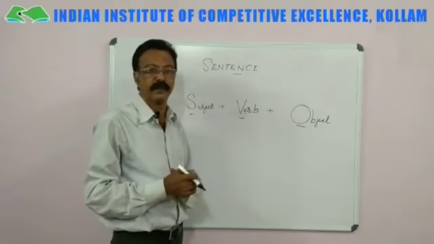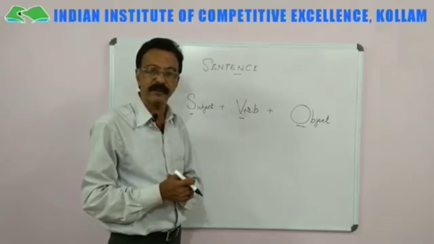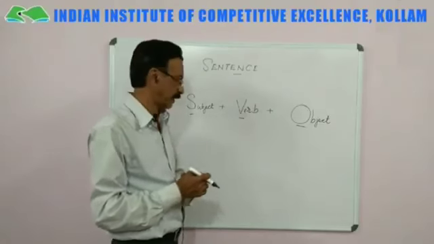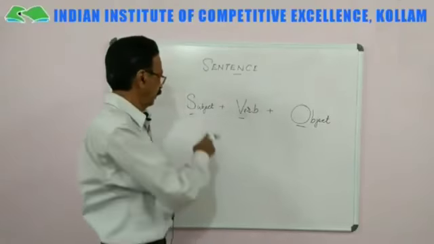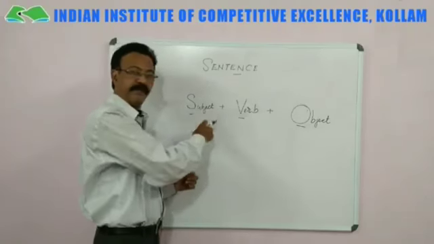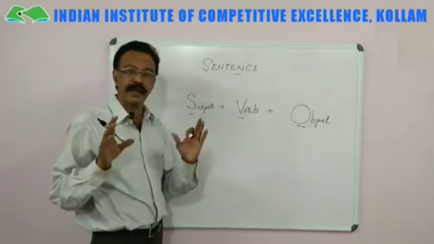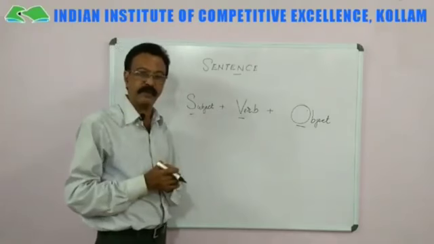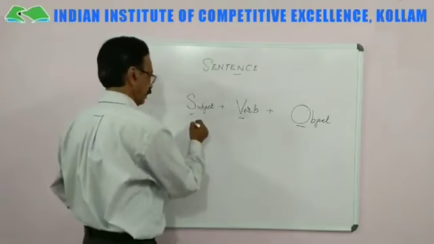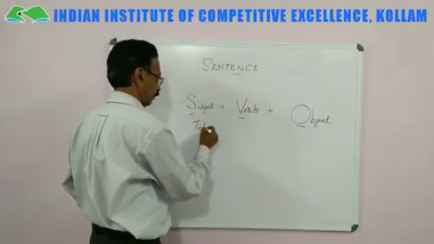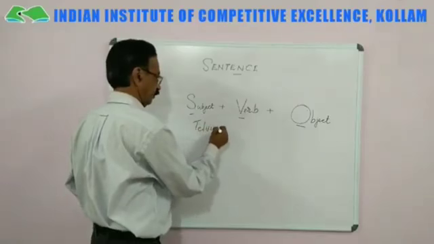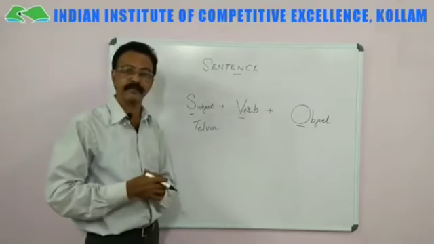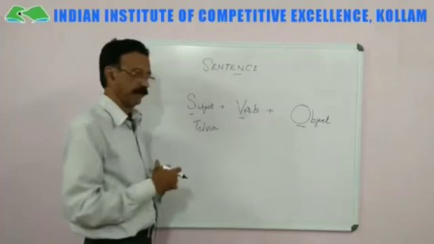Then only can we write a correct sentence. Subject: mostly it is names. Telvin. It's a name and it's a subject.